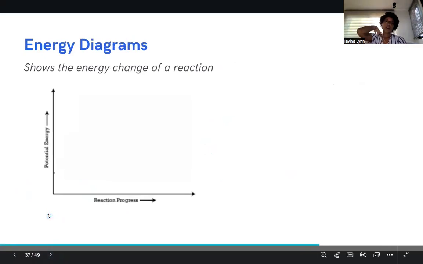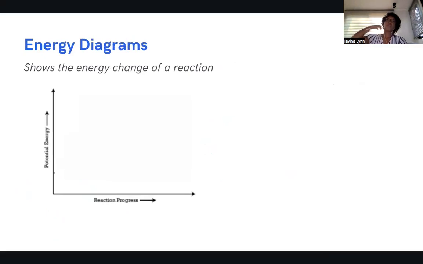So if we want to know if a reaction is endothermic or exothermic, we can look at the change in enthalpy. We can also look at energy diagrams. An energy diagram basically shows the energy change of a reaction, so as we go from reactants to products, we can look at what is happening energetically, and we plot this.